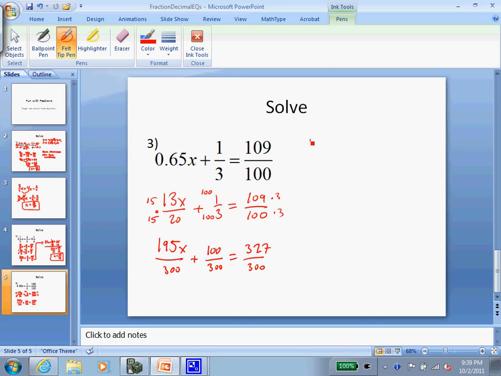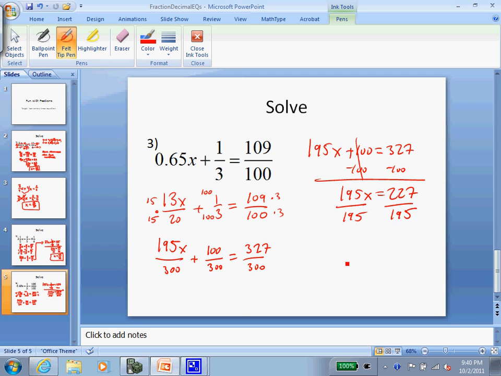So 195x plus 100 equals 327. Subtract 100. Divide by 195.